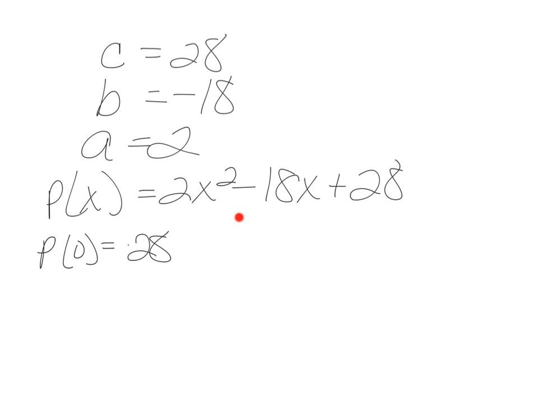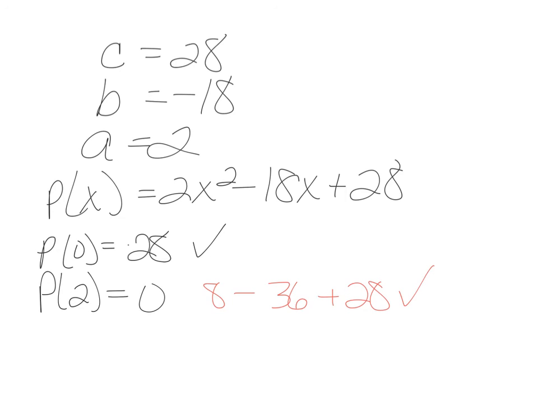So if we look, I cross off these because they're 0, I'm going to have 28. That one checks out. The second one we had was p of 2 equals 0. So if I plug in 2 for x, I'd have x times x is 4 times 2 is 8, minus 18 times 2 is 36, plus 28 is in fact 0.